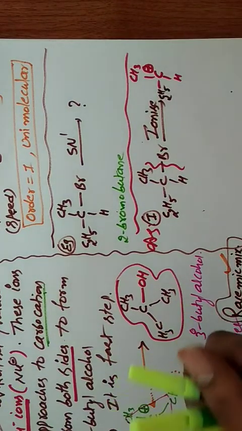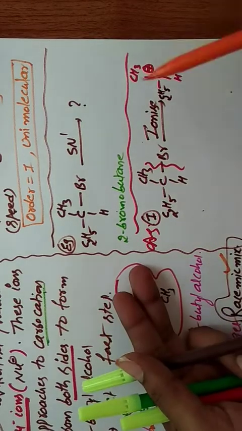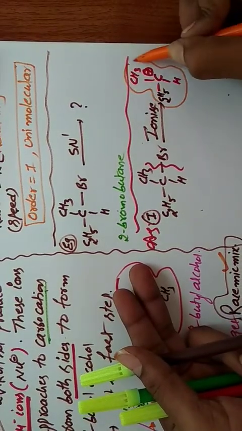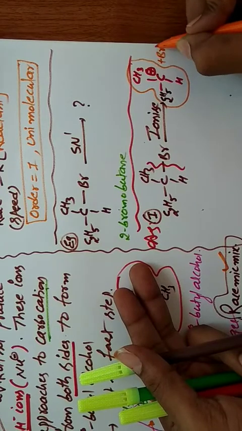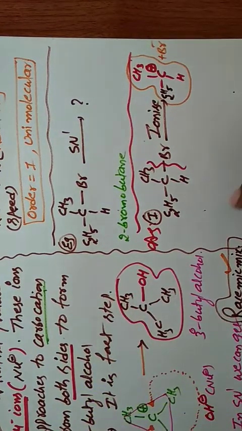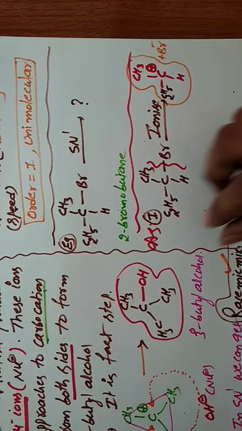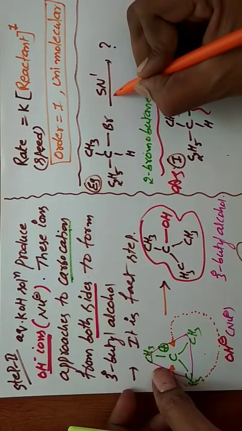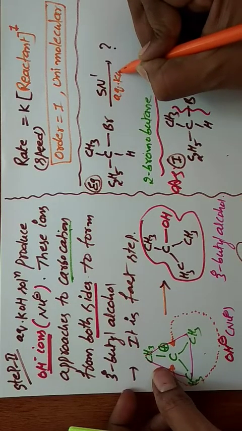What is the second step? Step 2. Aqueous KOH, mention aqueous KOH. Aqueous KOH releases OH minus ion, acting as a nucleophile. This nucleophile attacks the carbocation from both sides, from the left side and the right side. This is step 1.